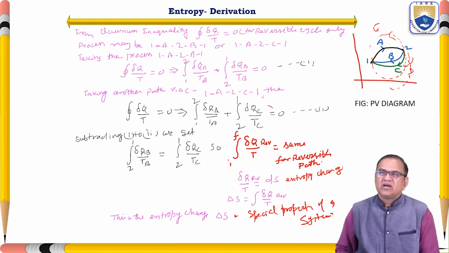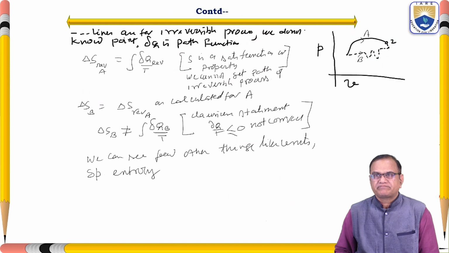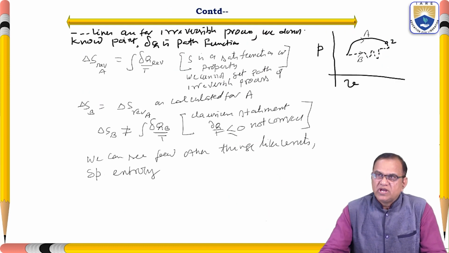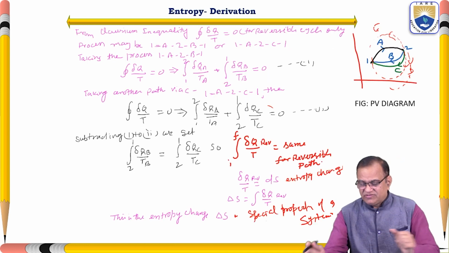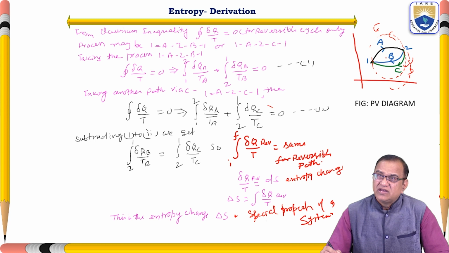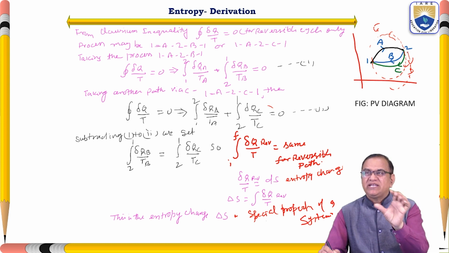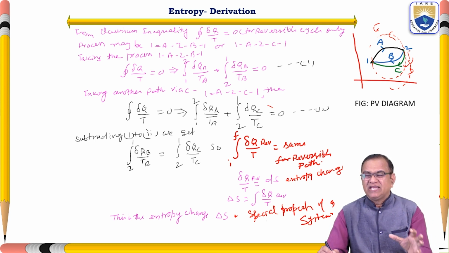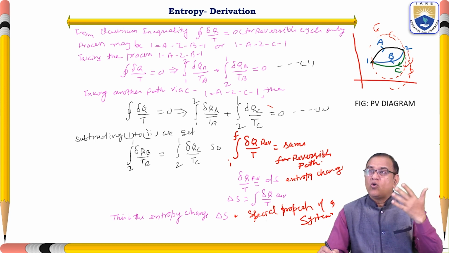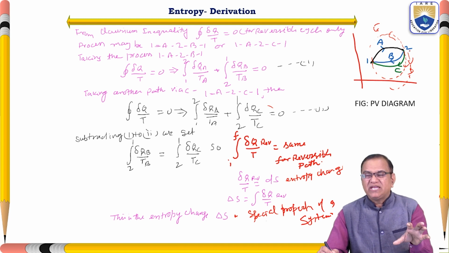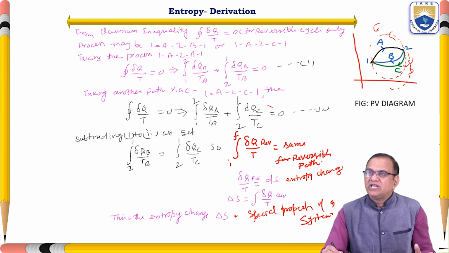Now we have seen in the previous one that this is only for the reversible cycle, but since point 1 and point 2 are property points, they are not dependent upon the path, they are independent of the path. So whatever path you go, maybe reversible or irreversible, the points 1 and 2 will remain the same.